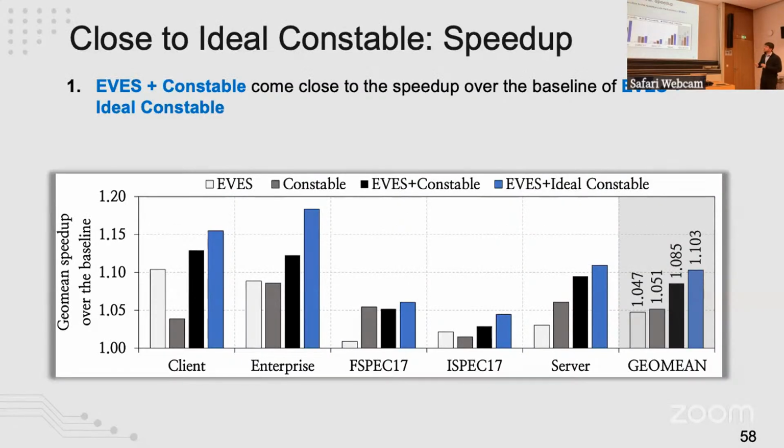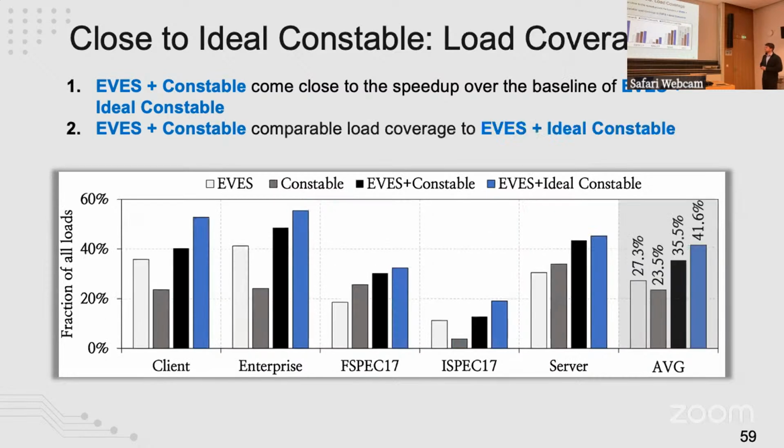The authors of that paper would also like to depict how close we are to the ideal case with the actual implementation of Constable, as we can see in that graph, where on the x-axis we again have the workloads, and on the y-axis the speedup. We can see that EVES plus Constable is really close in terms of speedup to EVES plus the ideal Constable implementation.